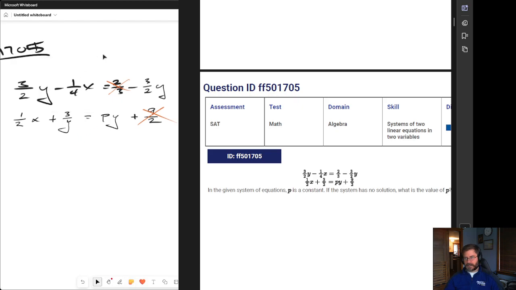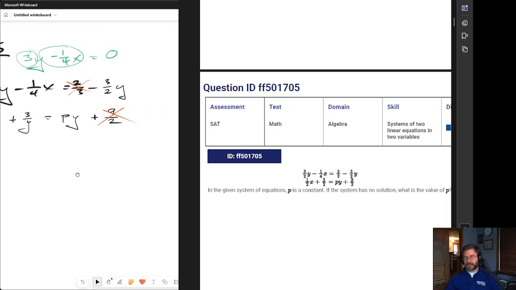Combining terms in the first row, we're going to add 3 halves to the left here. We're going to get 6 halves, which is 3y minus 1/4 x equals 0, because we're ignoring the constant term. And using the definition of negative a over b, a is actually this number here attached to the x, and b is that number there attached to the y.